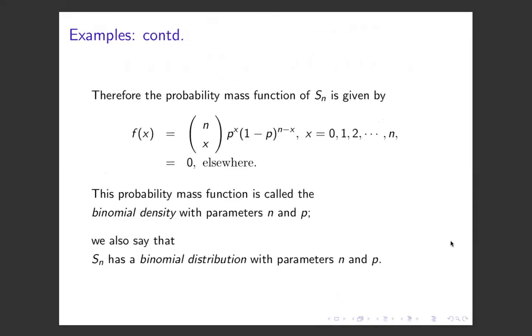So the probability mass function of S_n is given by f of little x equal to n choose x, p to the power x, 1 minus p to the power n minus x, when little x varies over 0, 1, 2, up to n. And it is 0 everywhere else.